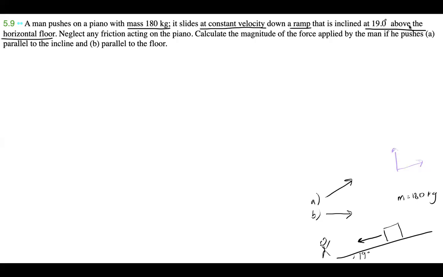Oh, actually, I'm going to do it the opposite way. I'm going to make this positive, like we did before. So that's going to be our positive y direction. And I'm going to make this parallel to the inclined ramp, the positive x. Okay, cool. All right. So one thing I want to point out in this question, actually, no, we'll point that out after. Now let's go ahead and write down all of our knowns.